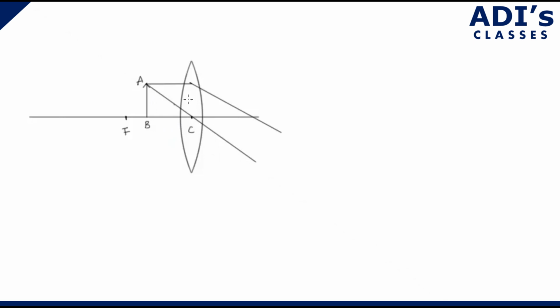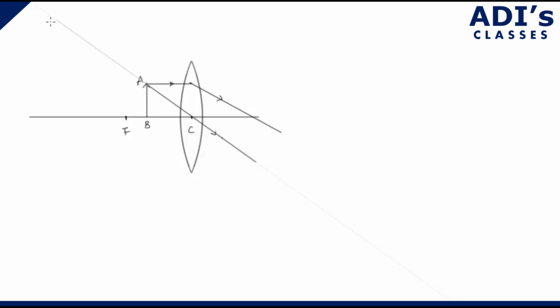Next, one more ray of light. This ray goes undeviated, meaning it is passing through the center of the lens. So we have two rays of light which are going like this.